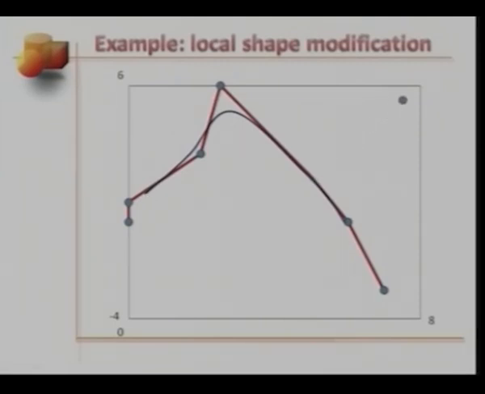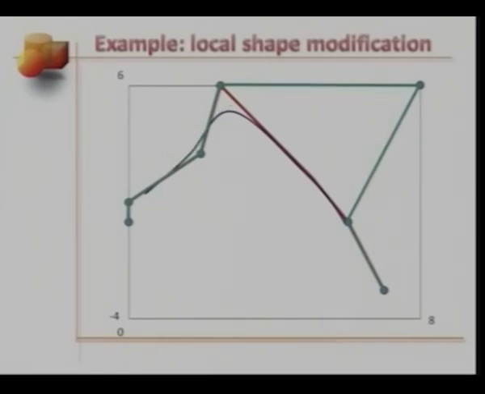Now let's relocate this point from here to here so that the control polyline changes a little in green here. What will happen, do you think, to the corresponding B-spline curve?